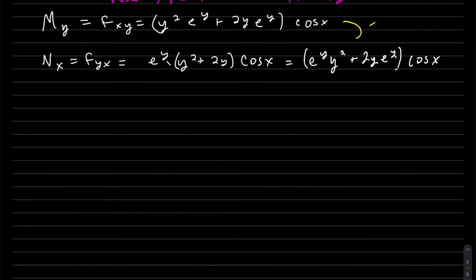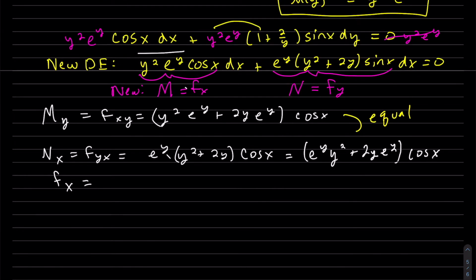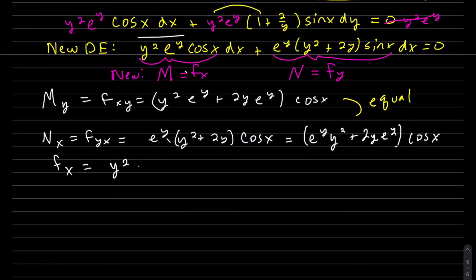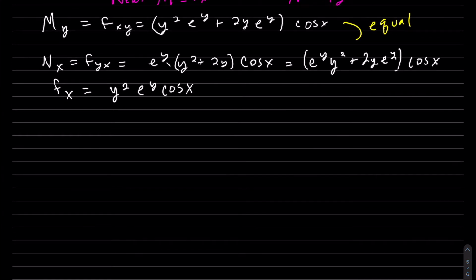So it looks like these are equal. So we start off with our new f of x. Integrate. We're integrating with respect to x. So it's sine of x plus a constant. And since it's in terms of x, this has to be in terms of y.